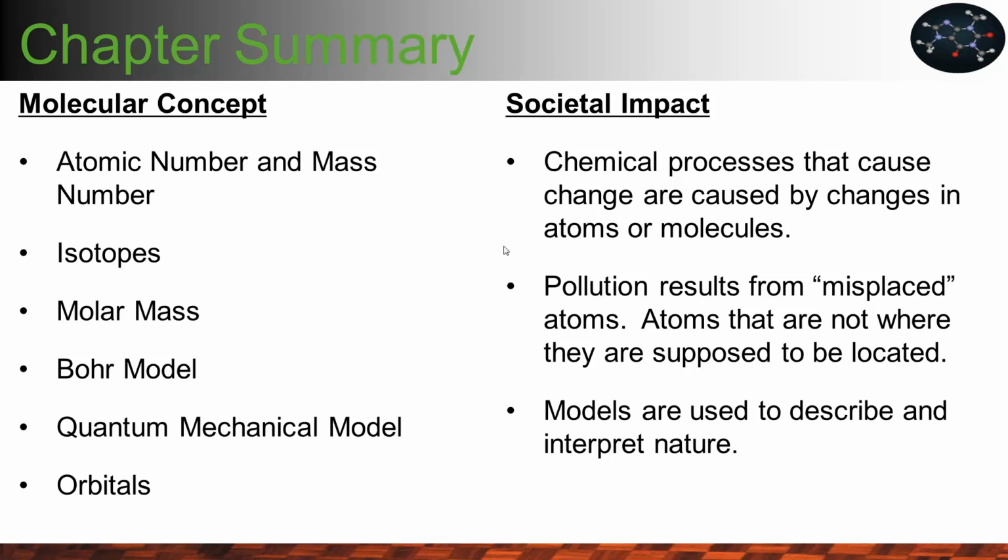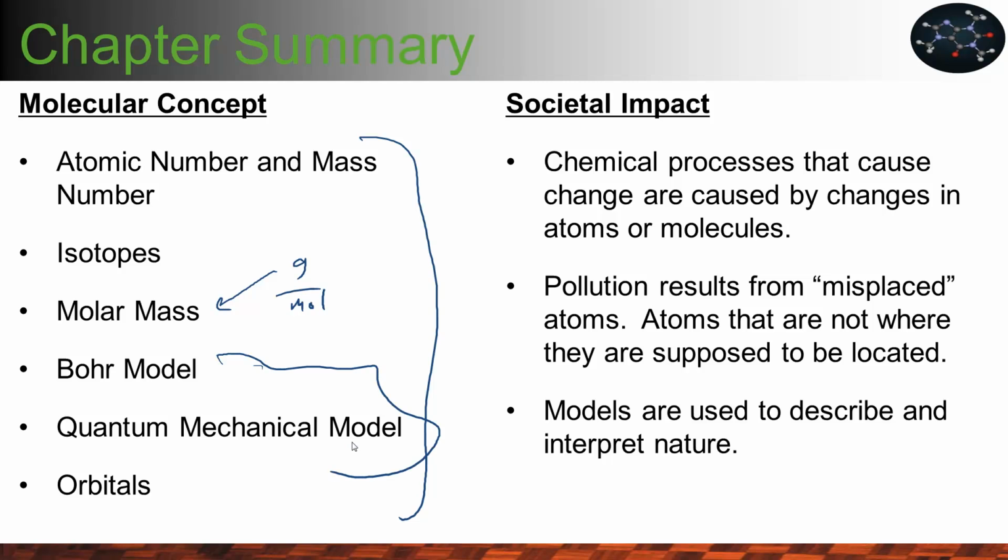So finally, to summarize this, we've talked about atomic number and mass and isotopes. We've talked about molar mass, which is that idea of the number of grams per mole of a substance. We've talked about the two models for atoms and how they relate to orbitals.